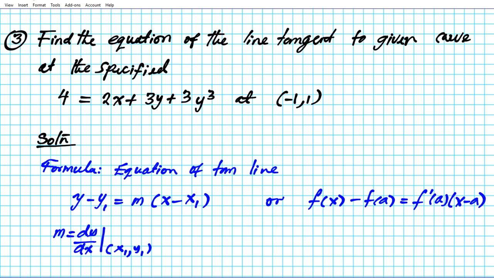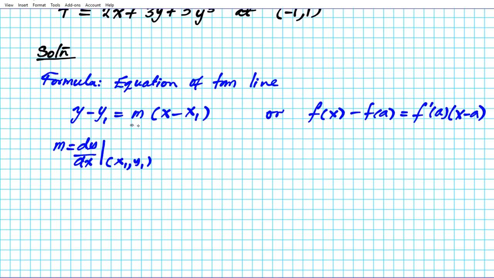These two equations are basically the same thing, but the one on the left is much easier on the eyes, but you can also use the one on the right. It doesn't really matter. I'm going to use the elementary equation, the simple approach here. So all we just have to do is find x1, y1, and m, plug it into this equation, the point-slope form equation of a line, and we're good to go.